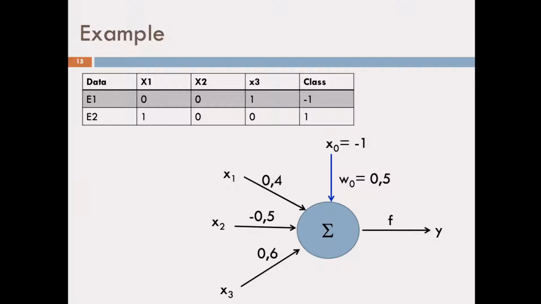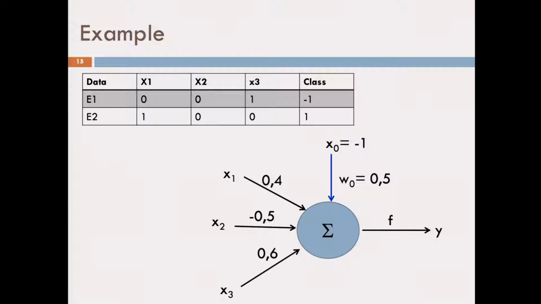We don't know what the correct weights are, so we give an initial guess. So these are the initial weights that I gave to my perceptron. Usually, we initialize the weights with small values, like in the range of -1 to +1, or -0.5 to +0.5. Usually very small weights.